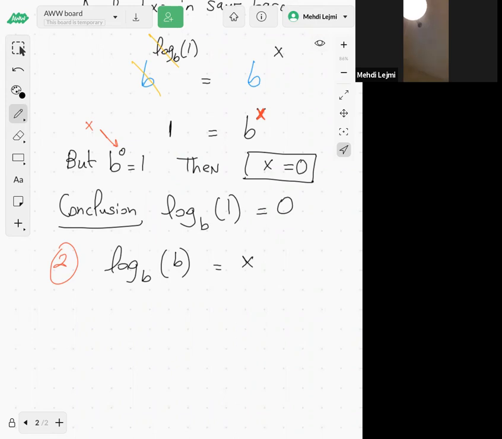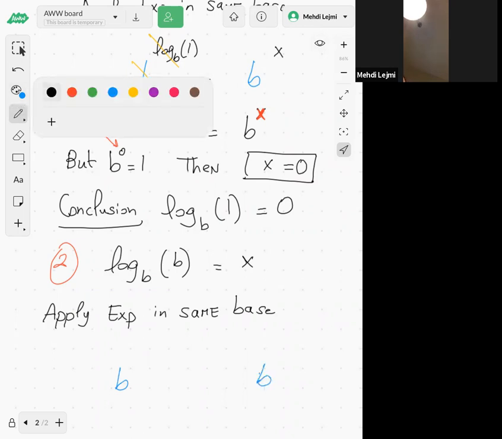I'm going to apply again the exponential in the same base, which is the base b. So we have base b here and base b here, and this is equal. On the left I have the power log base b of b, and on the right side I have x. As usual, the exponential and the log cancel out, so on the left it's just b.